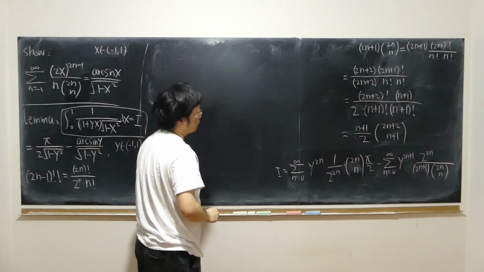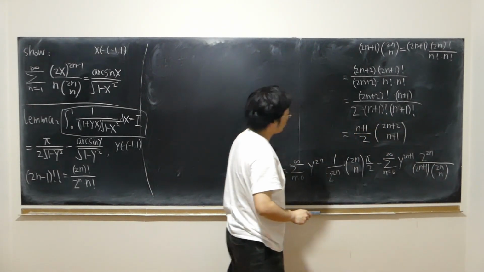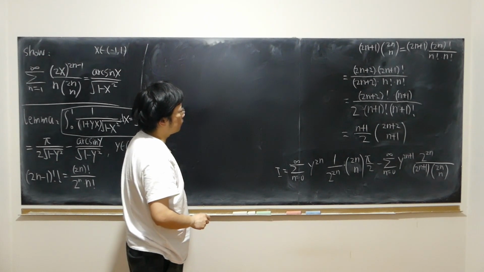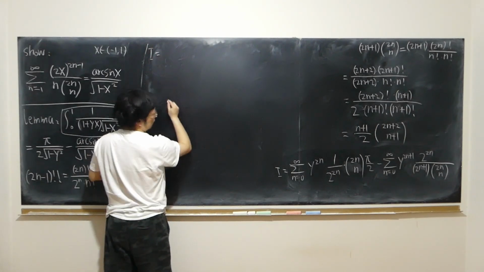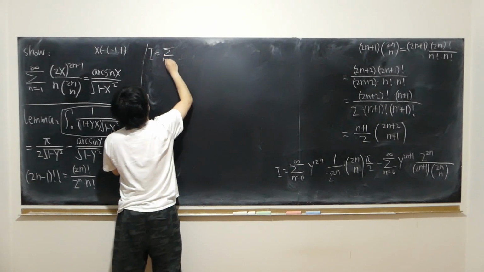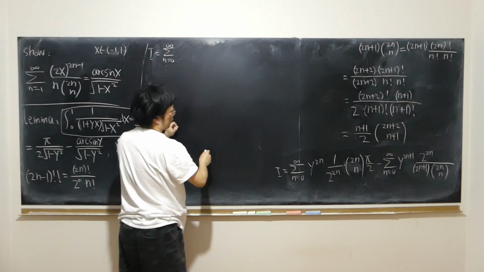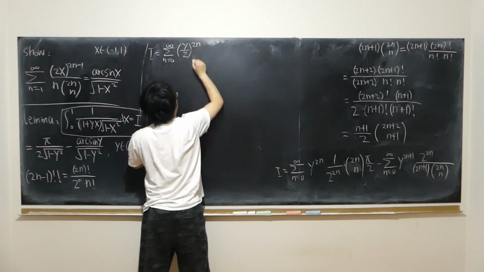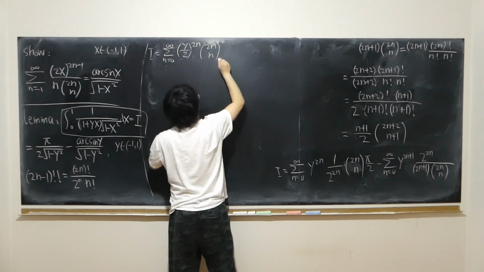So the bottom, in fact, can be written like this. Yep. So first of all, my definite integral. First, copy down this term. Simply combine those two terms. Half y to 2n times 2n choose n times half.